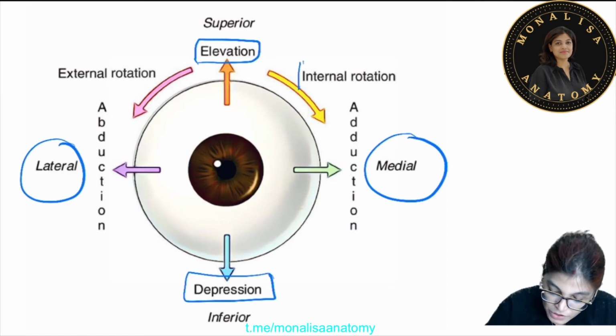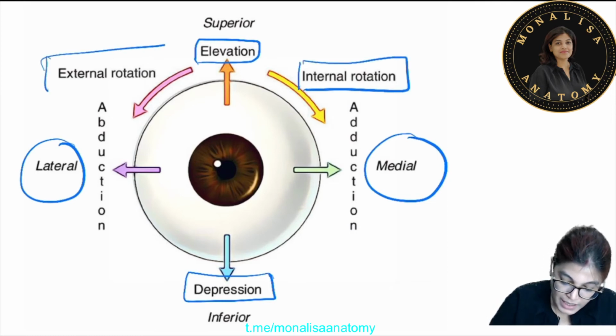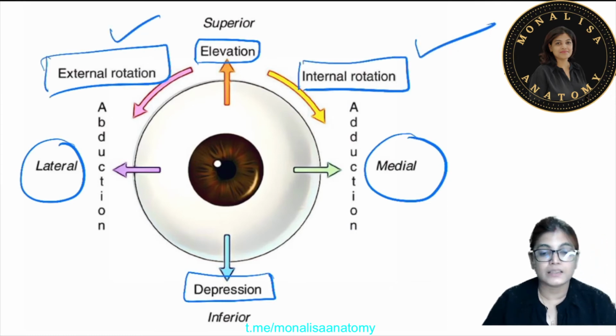We are left with intorsion and extorsion, meaning internal and external rotation of the eyeball, and this movement occurs along the anteroposterior axis. When the eyeball is rotated outward, it is called extorsion, and when rotated inward, it is called intorsion.